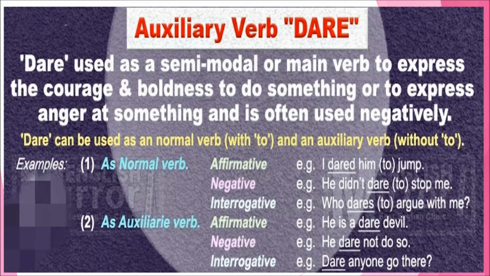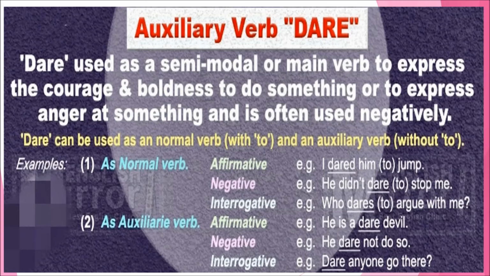Next, let's see it as an auxiliary verb. Affirmative sentence example is: he's a daredevil. Negative sentence example is: he dare not do so. Interrogative sentence example is: dare anyone go there?